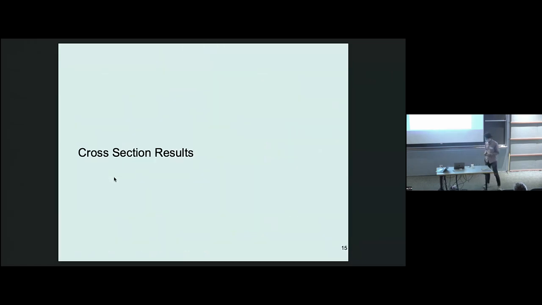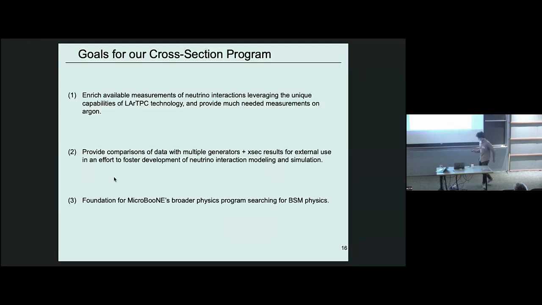Okay, so now let me jump into the cross-section results that we've produced so far, try to summarize them and maybe give a few takeaways from what we learned from them. What are we trying to do with our cross-section measurements? We're trying to enrich the measurements that are available for neutrino interactions, and specifically provide much needed data for neutrino interactions on argon.